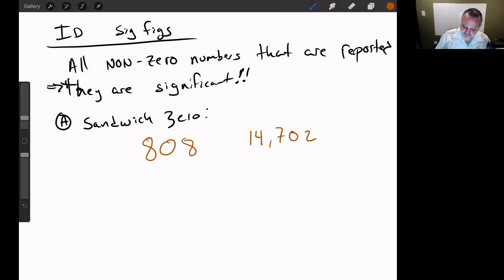These zeros that are sandwiched between non-zero numbers, this is what I mean by a sandwiched zero.